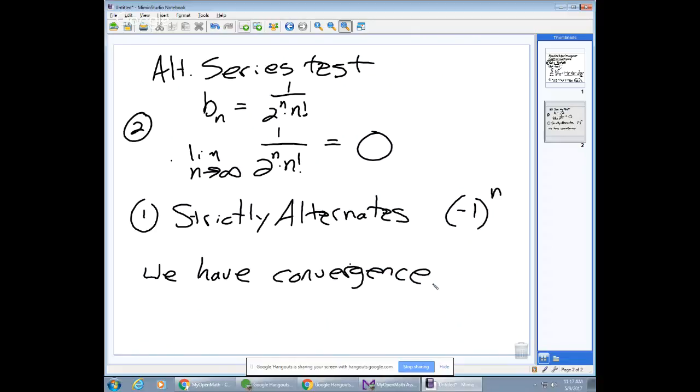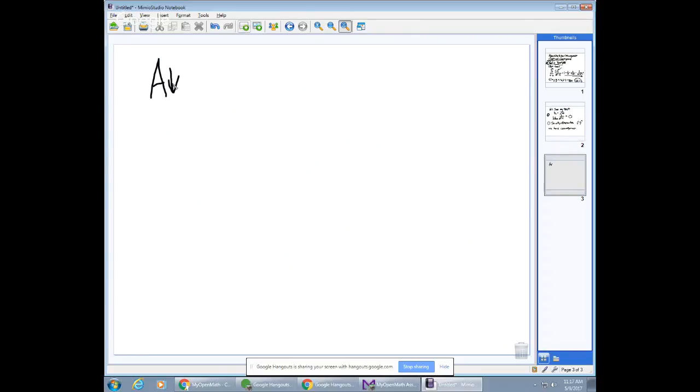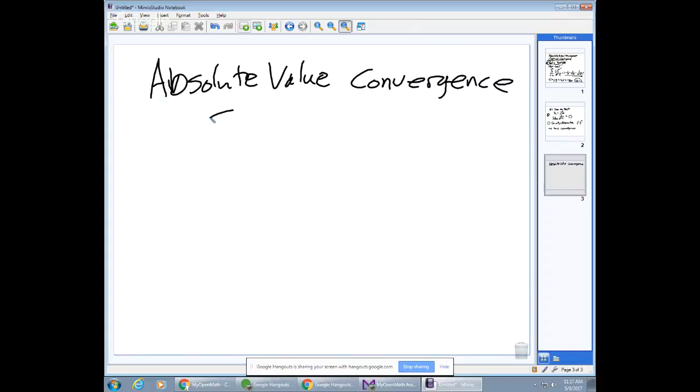Next thing we're going to look at is, well, what about the absolute value of the terms? Does it converge in absolute value? All right, so absolute value convergence means to explore this series.